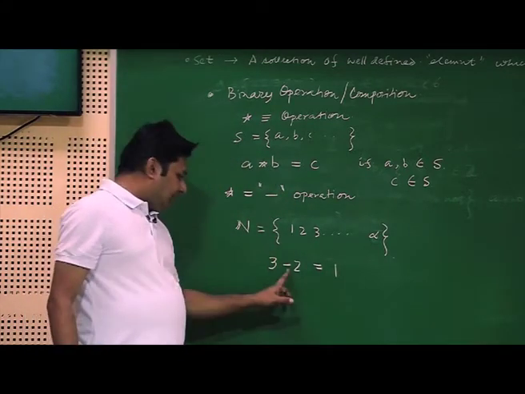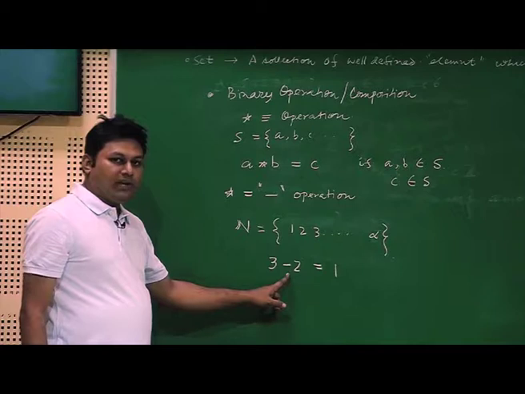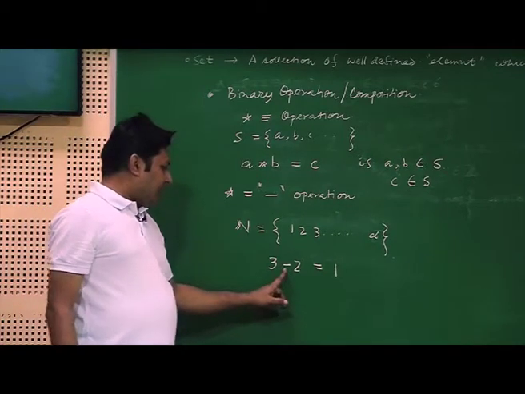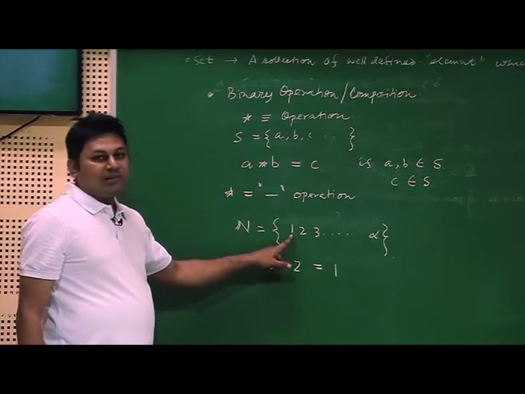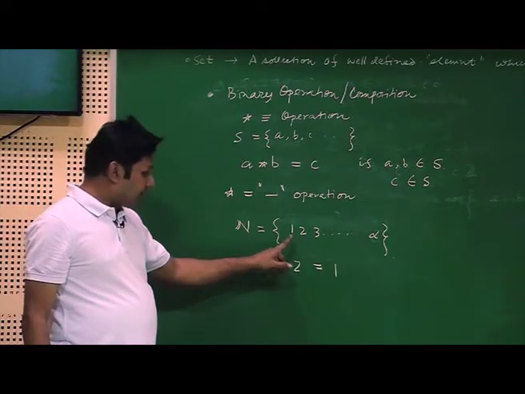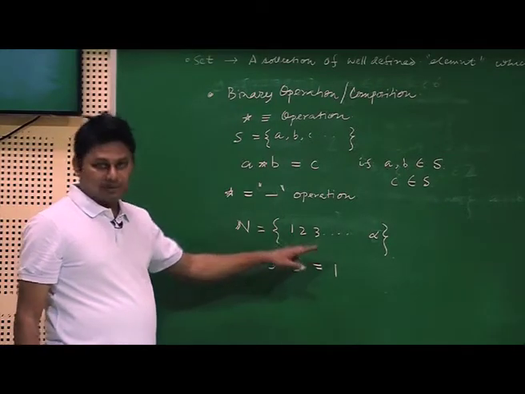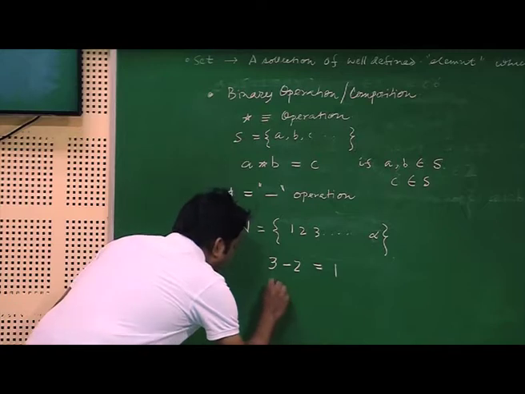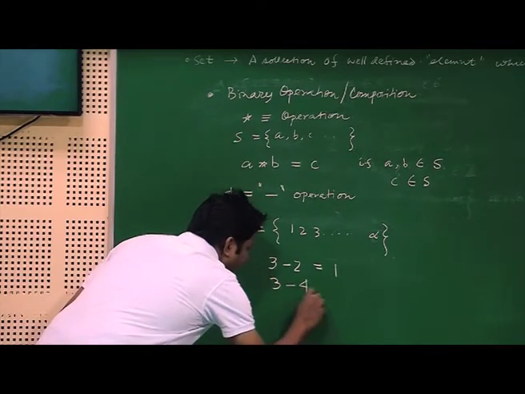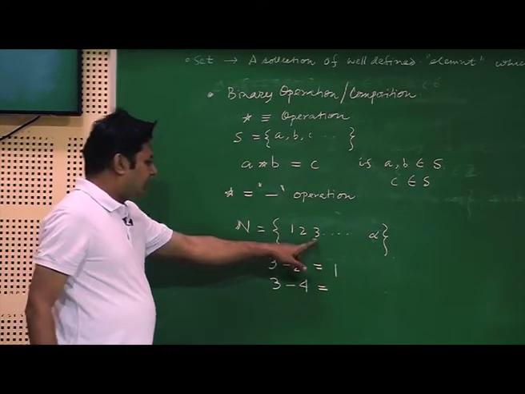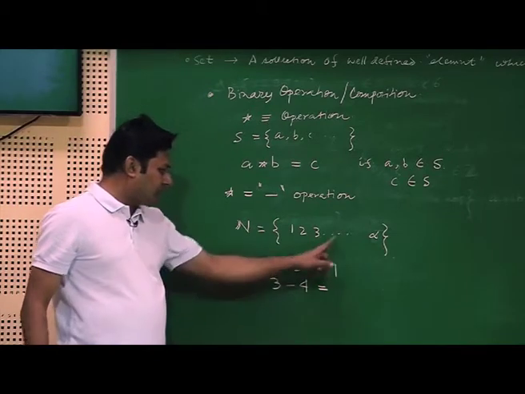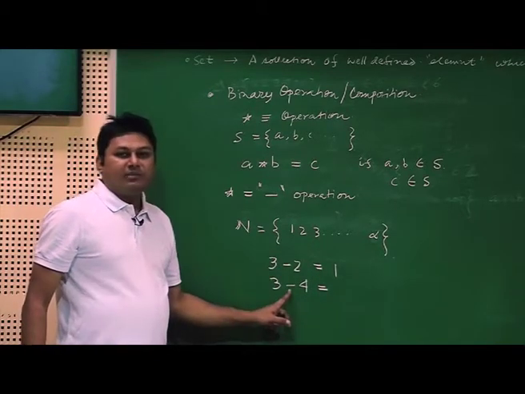You find that in this case, at least for these 2 elements, after applying the binary operation, I am getting something which is inside the set, but it is not necessarily true for all the elements. For example, what happens if I do 3 minus 4? Again 3 is an element here, 4 is an element here, minus is my operation.